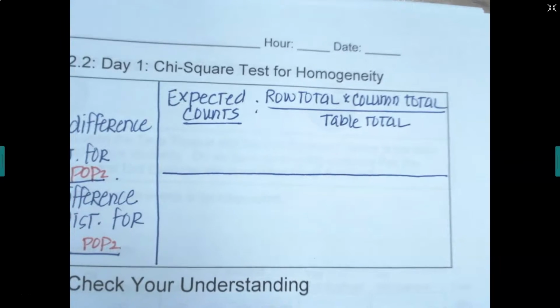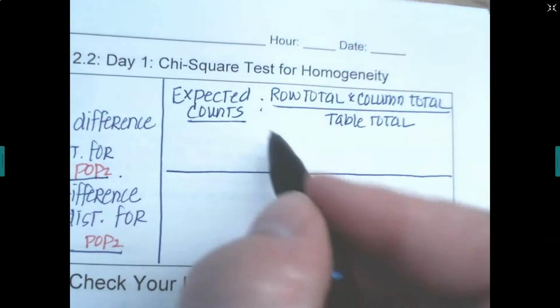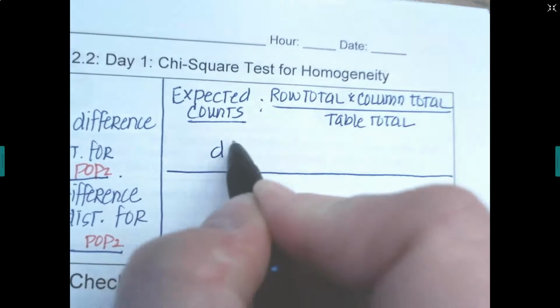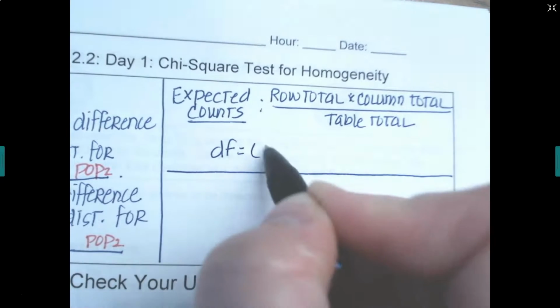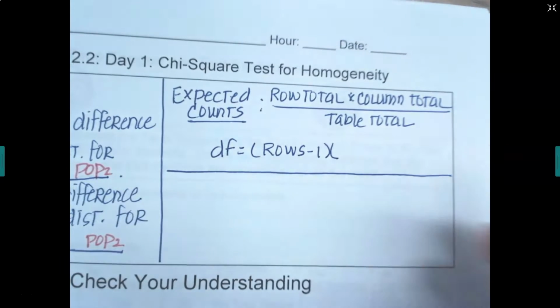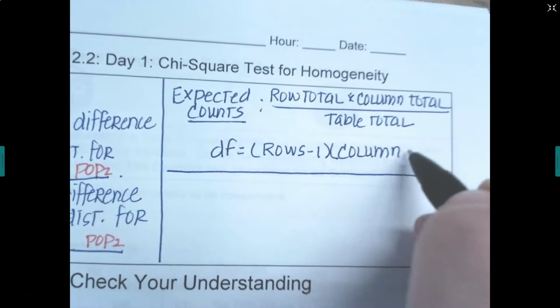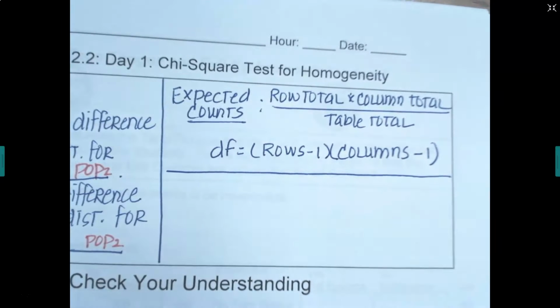Okay, so your calculator will get that for you, but you also should know how to get it on your own. And then your degree of freedom is the number of rows minus 1 times the number of columns minus 1. Okay.